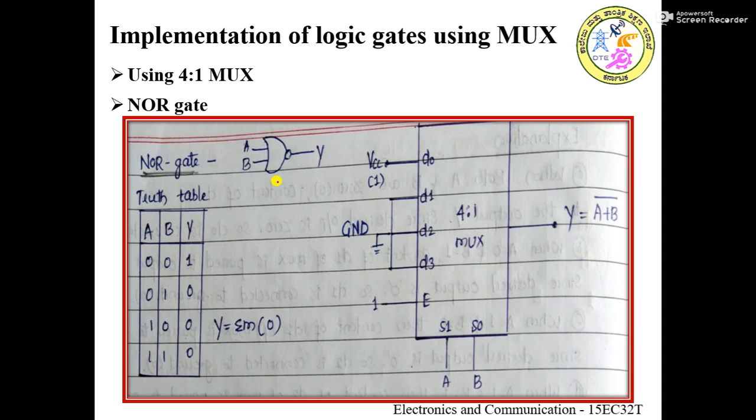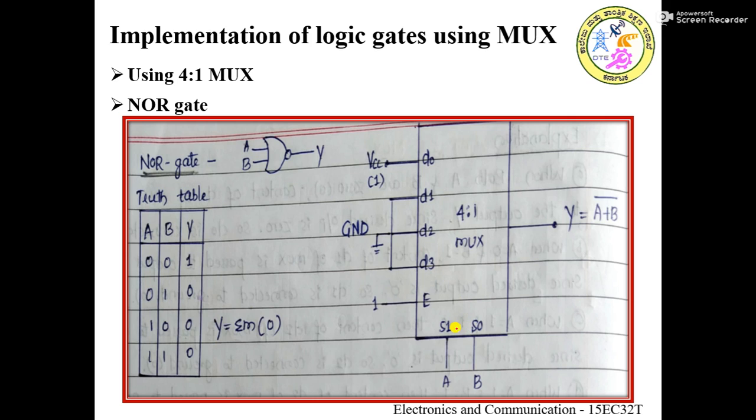NOR gate, again this is the inverse of the OR gate. So here for input combination 0 0 it is 1, for the rest of the combinations it is 0. This is the inverse of the OR gate. So here again I have mapped the 2 inputs of the NOR gate with the 2 select lines.